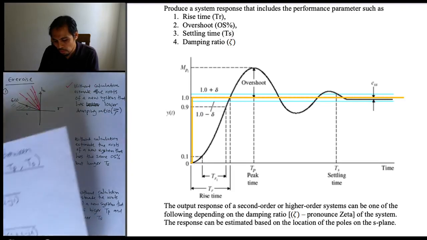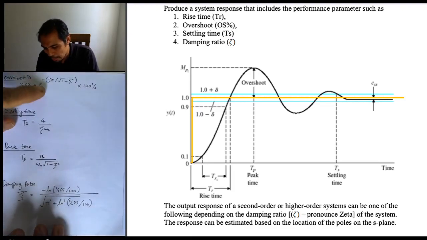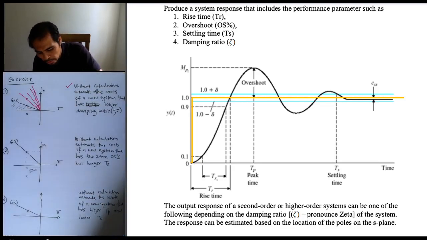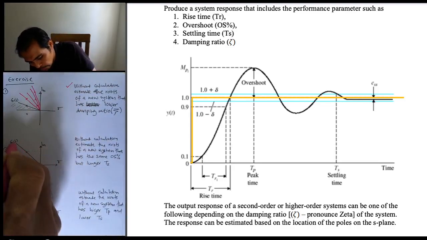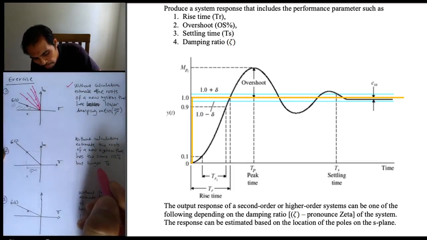Again, you see the overshoot. Okay, it depends on the zeta, right? If you have the same zeta, then we're going to have the same overshoot, all right? So that means it should move along this line, right? It should move along this line because we increase this, we actually have a longer TS and then the same overshoot.